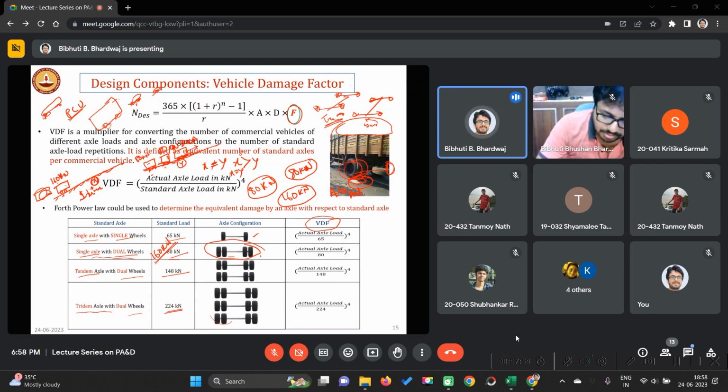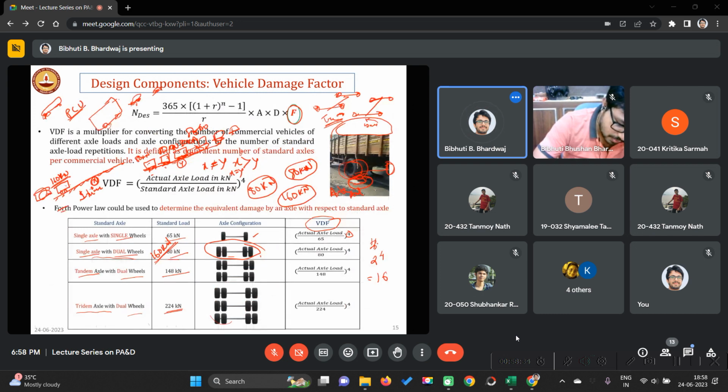The concept is, if you make the load 50% lighter, that means you are reducing it by half, then you will need 2 to the power 4, 16 vehicles. 16 vehicles carrying 80 kilonewton will cause the same damage as a 160 kilonewton truck will cause. That's why this is called the fourth power damage formula.